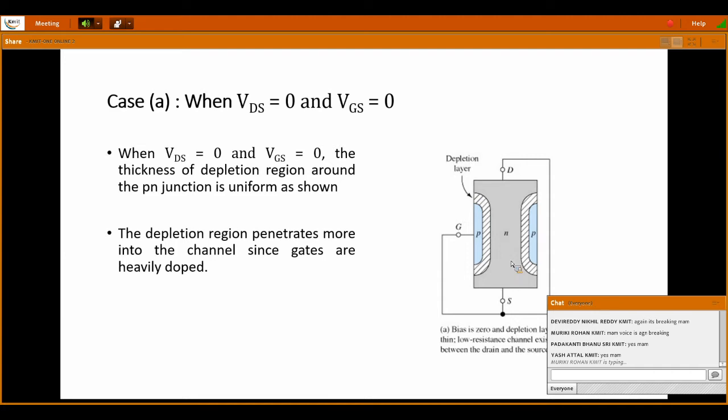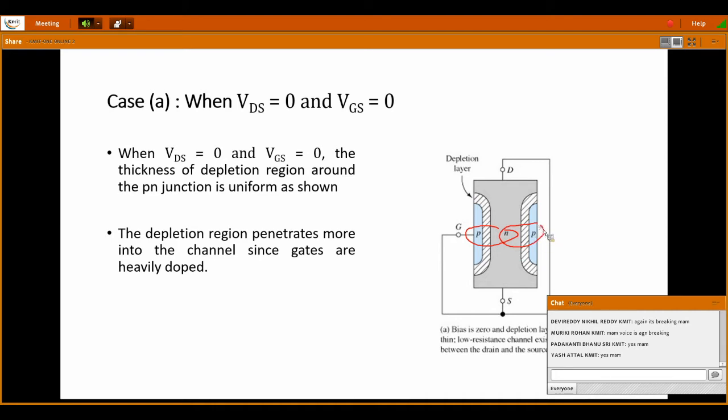Because of concentration gradient, variation in the densities of the carriers. Diffusion takes place, and because of diffusion, the depletion layer is formed. Same thing happens here. But here two PN junctions are there. This is one combination of PN junction, and this is another combination of PN junction.